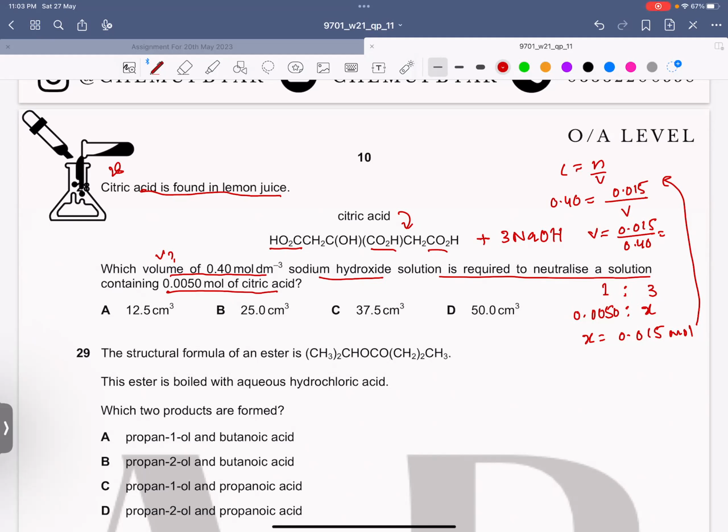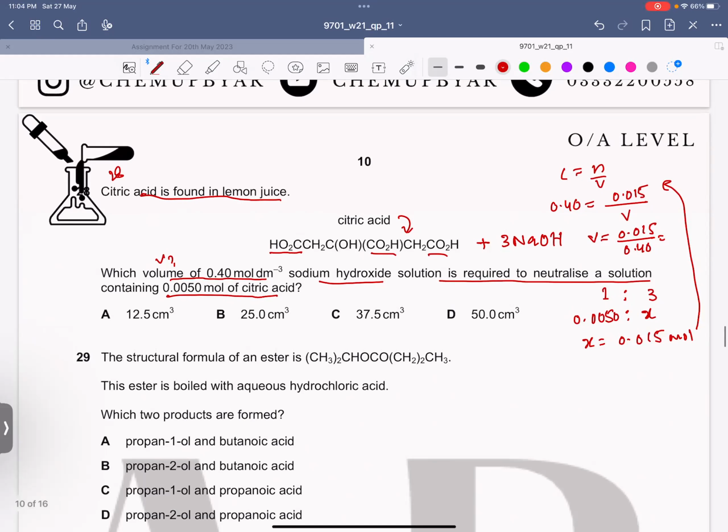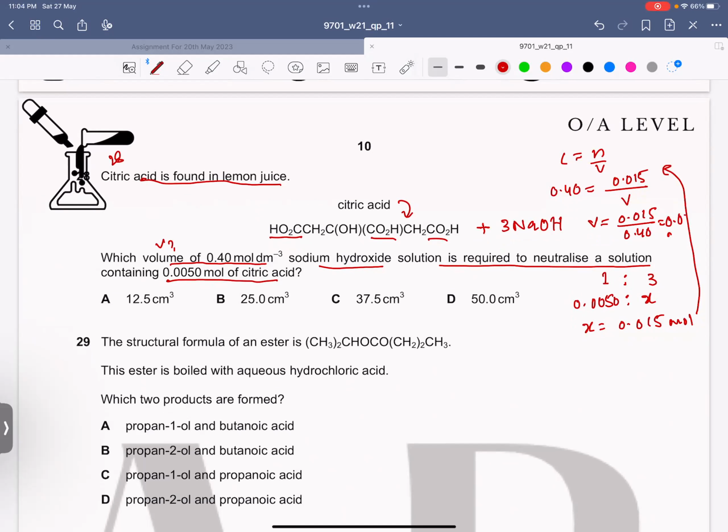Yes, please. 0.0375, which is in decimeter cubed. So when you convert into centimeter cubed, you will get option C, 37.5. So that is my correct answer.